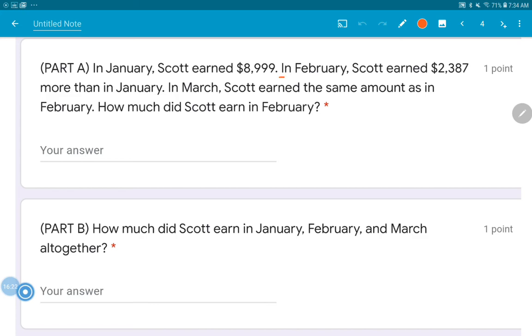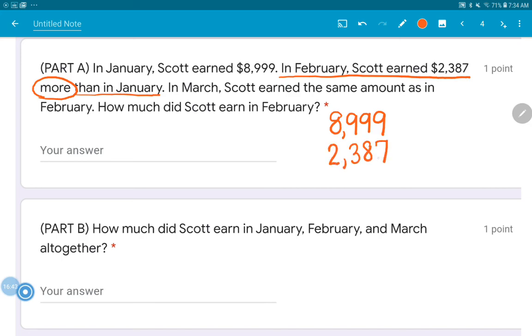If I go to this sentence here, it says, in February, Scott earned $2,387 more than in January. So I know that Scott earned the same amount as he did in January, which was $8,999, and he earned $2,387 more than that. So I need to add those two numbers together to figure out how much money Scott earned in February. So I do 9 plus 7 is 16. I'm going to carry my 1. 9 and 1 makes 10, plus 8 is 18.